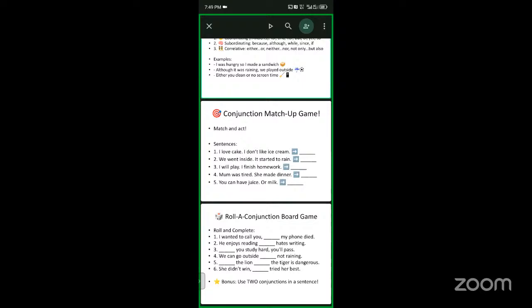We went inside. It started to rain. We went inside and it started to rain. Okay, I can take that. It can also be when it started to rain. I will play. I finish homework. I'll play when I finish homework. Great. So after I finish homework.